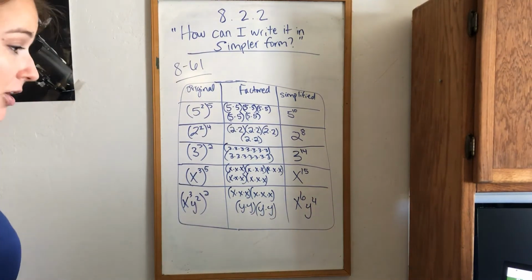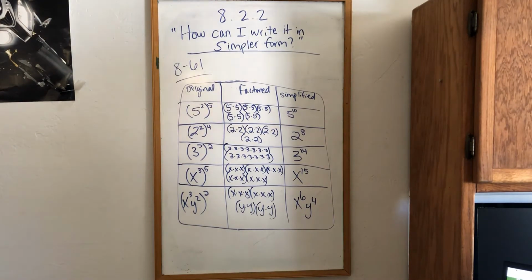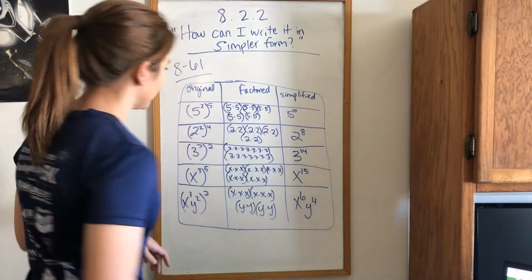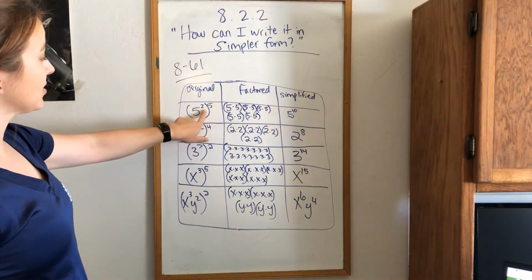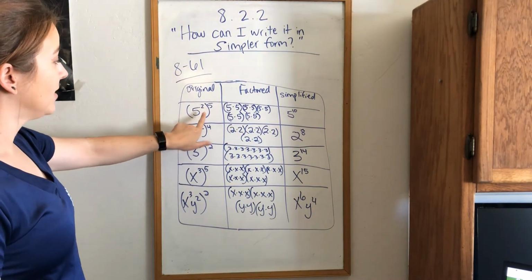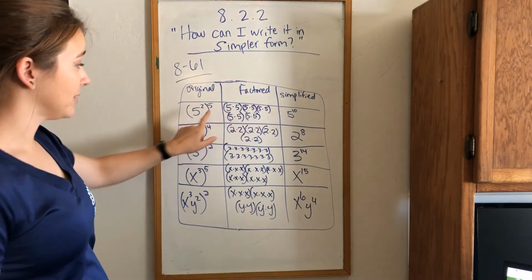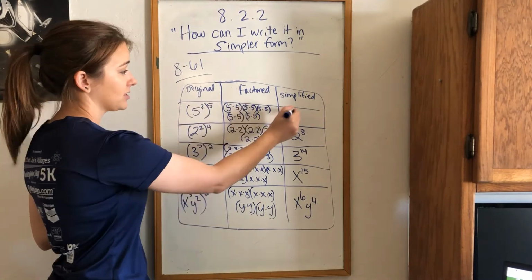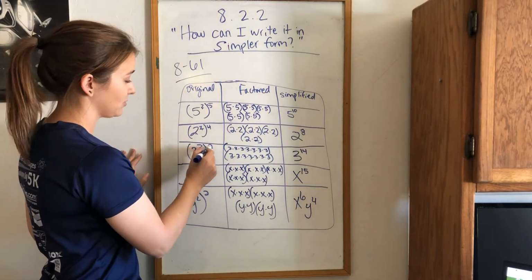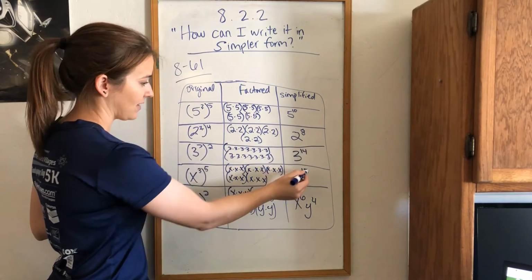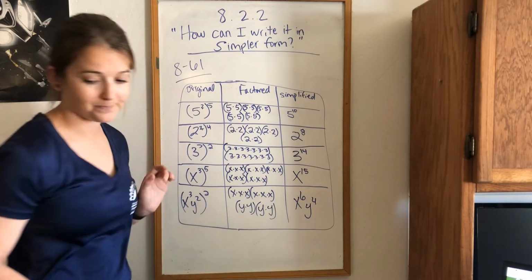So now it says for part A to describe the pattern. So there is a nice pattern going on here that makes it simpler than having to factor it all out. I'm noticing that every time there's an exponent with a base being raised to an exponent, you multiply. 2 times 5 gives us 10. 2 times 4 gives us 8. 7 times 2, 14. 3 times 5 is 15. 3 times 2 is 6. 2 times 2 is 4.